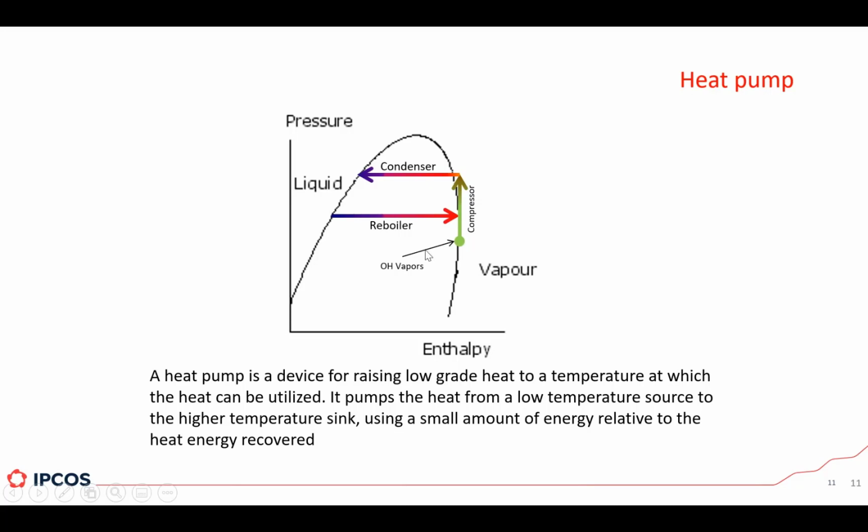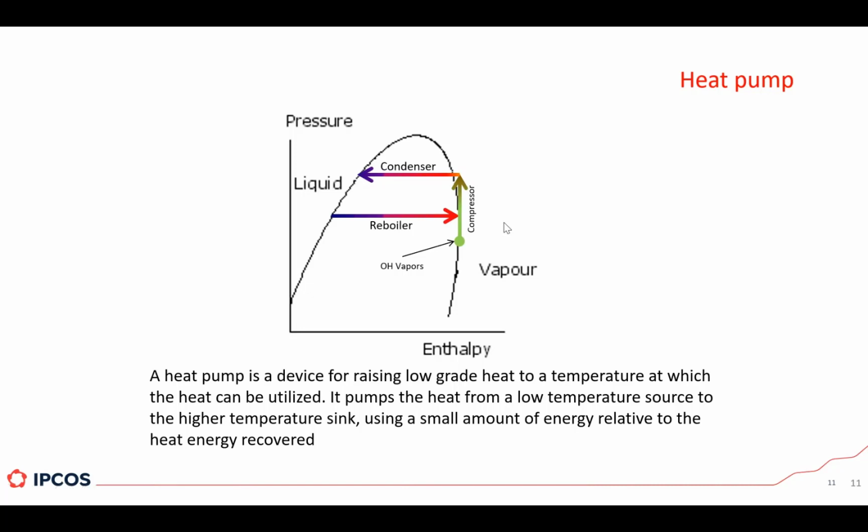You take the vapors from the overhead, and then you compress them. So then when you compress them, the temperature increases, and then you can use those vapors from the overhead of the column to give heat to the column itself. So you are upgrading, basically that will be the word, you're upgrading the heat by means of a compressor.